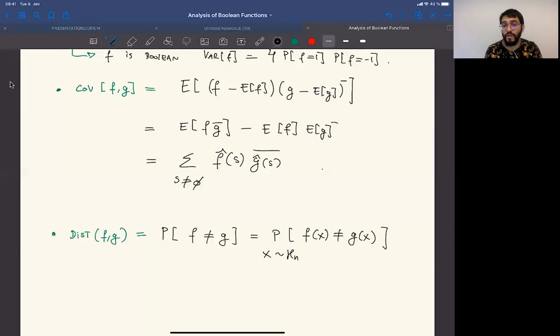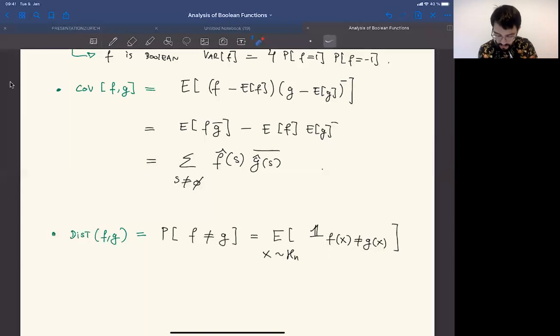And whenever you have an event, you can measure this as the expectation of the indicator function of that event. So now this is a random variable as well. They will create it using f, g and the random variable x, and then you can compute the expectation.